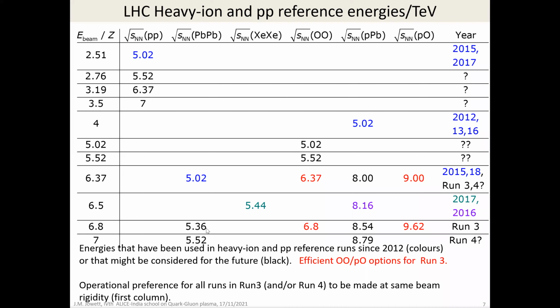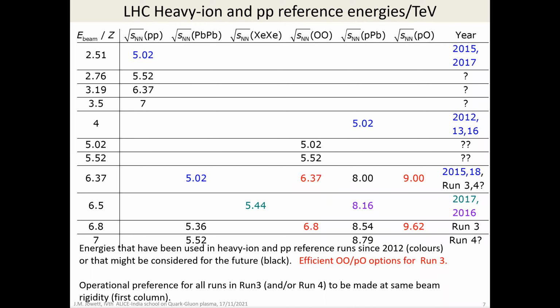Also because the experiments like to have, although there is data at this energy already, they want data with the same detector. So therefore it means they have to be done essentially in the same year, not in 2 different years.